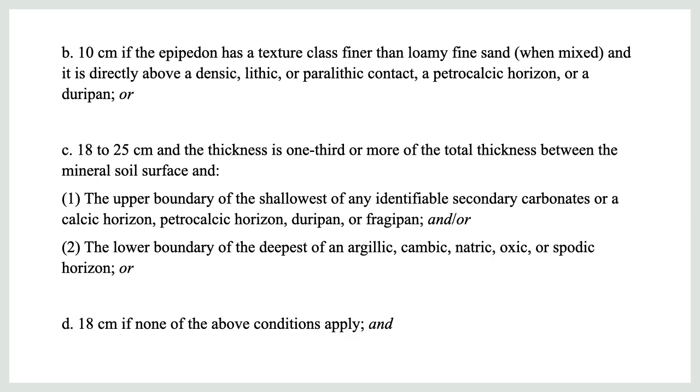So in this case, I need to consider the soil surface and the upper boundary of one of these horizons or materials, and I need to consider the total thickness, and to identify a mollic pattern, at least 1/30 of this total thickness should be equal to 18 to 25 centimeters, okay, and could identify the mollic pattern.